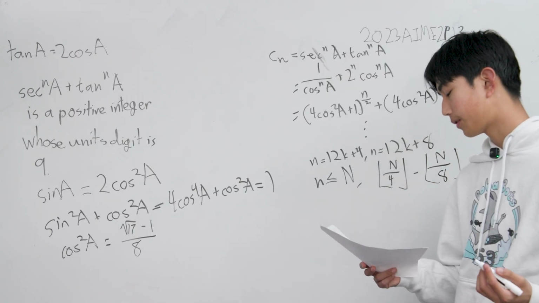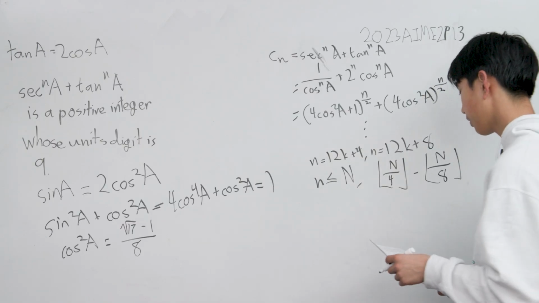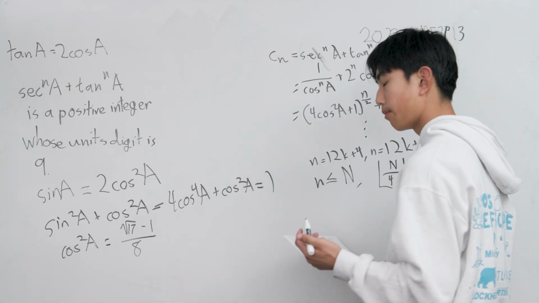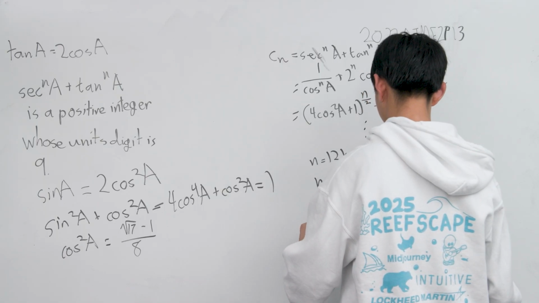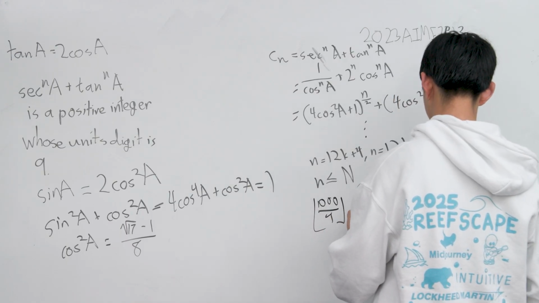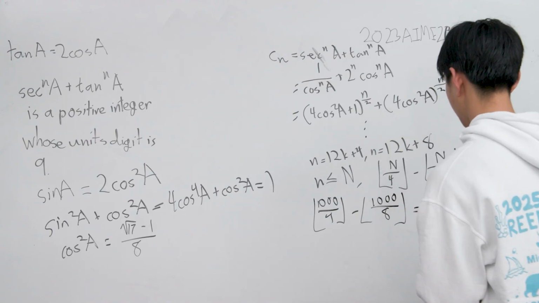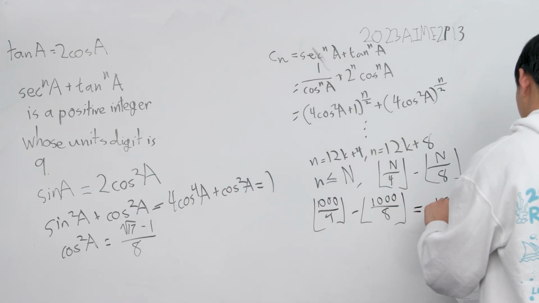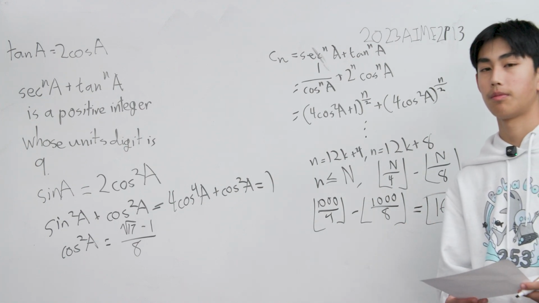Now we have to plug in 1,000 because that is what we have as our max. So 1,000 over 4, take the floor of that, subtract 1,000 over 8, and the floor of that. This is going to be 167, which is our answer for this problem, and we are done.